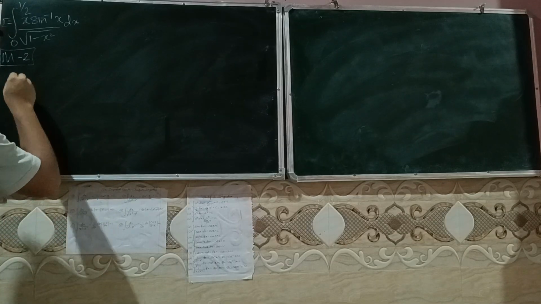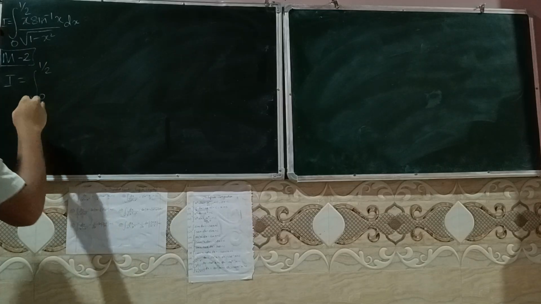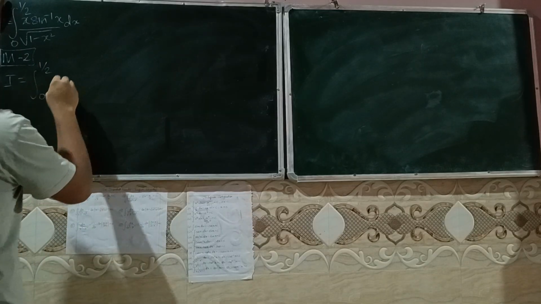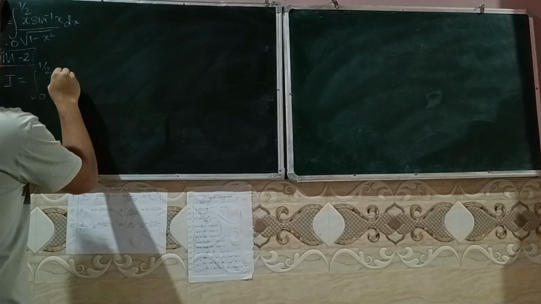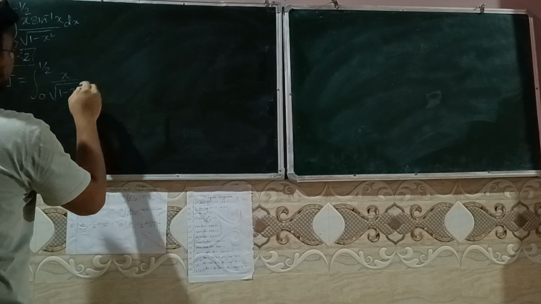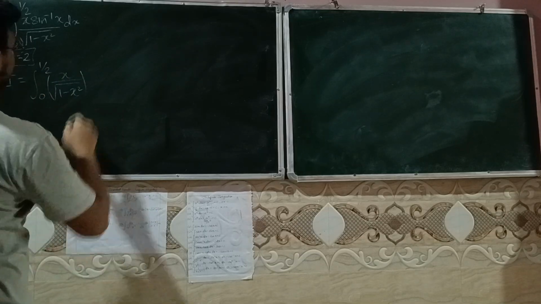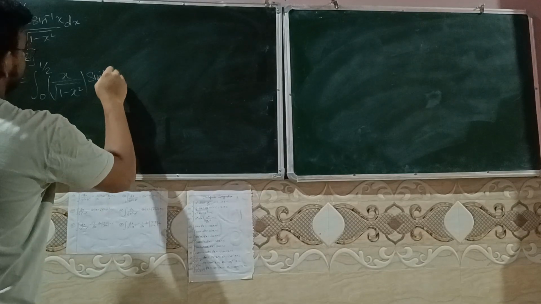So what's in method 2 is I equals the integral from 0 to 1 over 2 of x over square root of 1 minus x square, in parentheses, and then sine inverse of x dx.